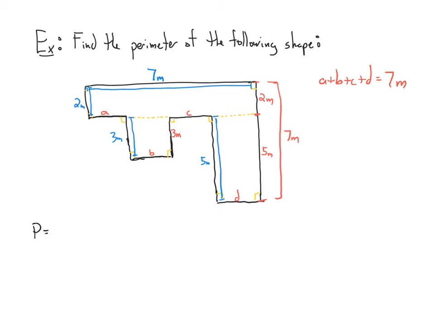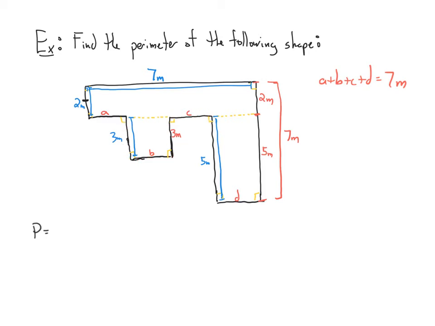Okay, so the perimeter of this, well, let's start, say, at this 2 meters. Let's start here, and let's go around this way. Let's go, I guess that's counterclockwise.